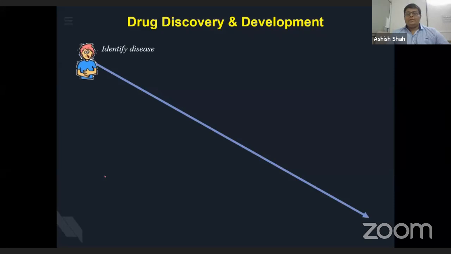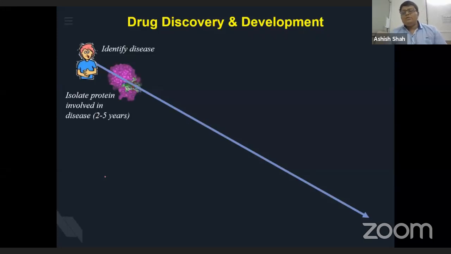If any disease occurs, the very first thing is to identify the disease: why it occurs, what the reasons, causes and symptoms are.